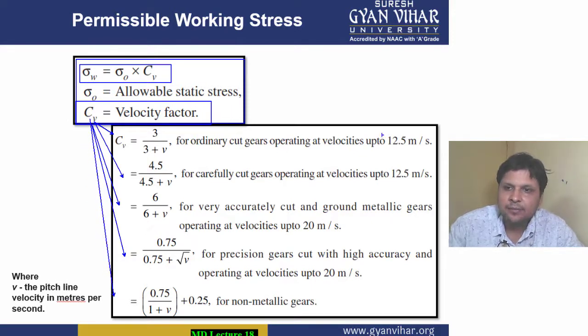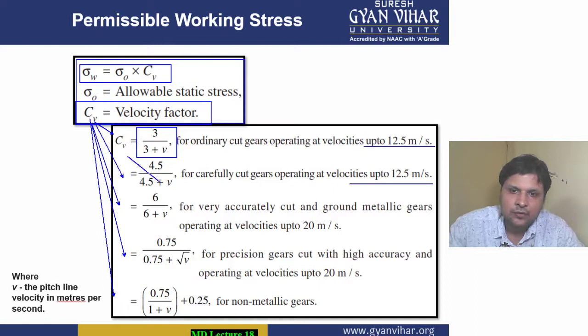If the pitch line velocity is up to 12.5 meter per second, you will use the formula 3/(3 + v). If the velocity is up to 12 meter per second, you will use the formula 4.5/(4.5 + v). If the gears are accurately cut and the speed is up to 20 meter per second, the formula you will use is 6/(6 + v).